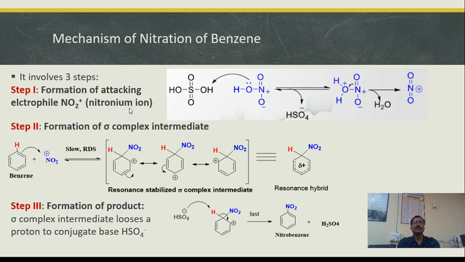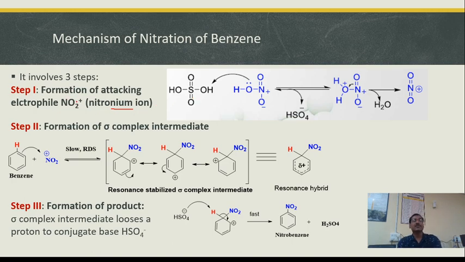The suffix IUM is usually added to a positively charged species. How is this nitronium ion generated? We'll see a little later, but there will be three steps.